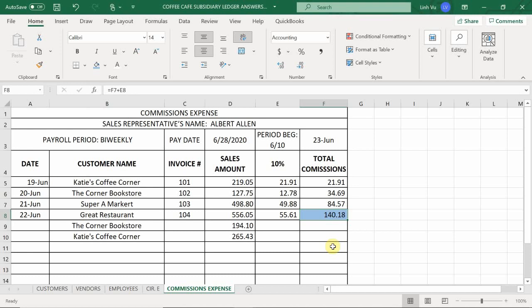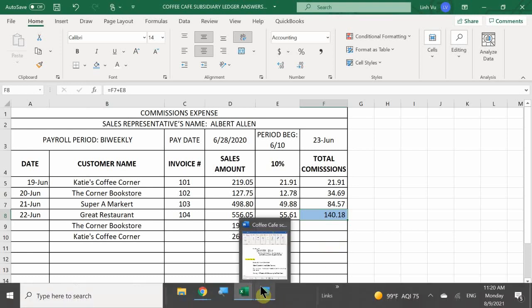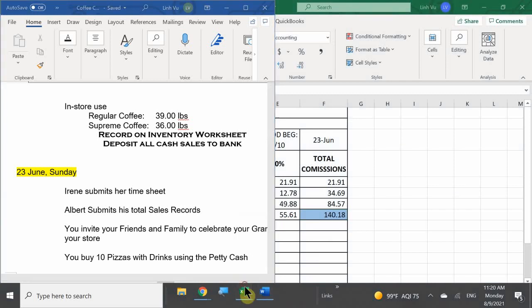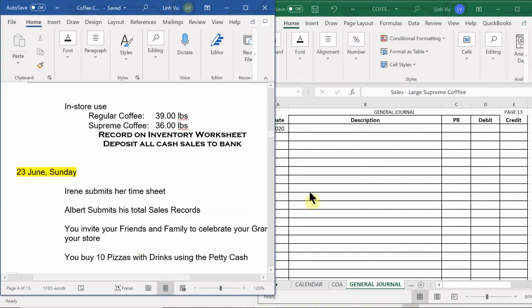So in this case, I'm highlighting this number because that's exactly how much I owe him. I am going to write a check for $140.18. Okay. Now, is that when am I going to journalize that transaction? No. No, because when did I agree to pay Albert?